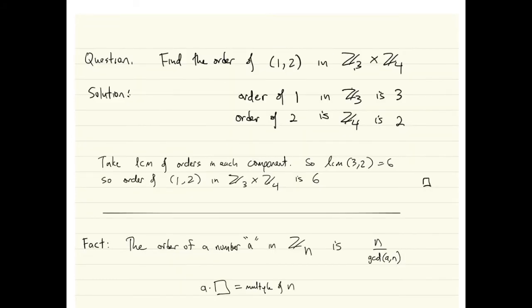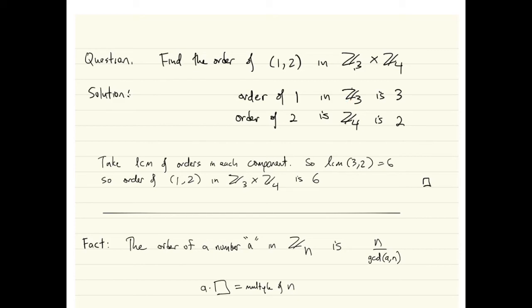Let's ask a simple question. What is the order of the element (1, 2) in this new group we have, Z3 times Z4? To solve that, we find that the order of 1 in Z3 is 3, because that's how many times we have to add the group element to itself to get back the identity element, which is 0.